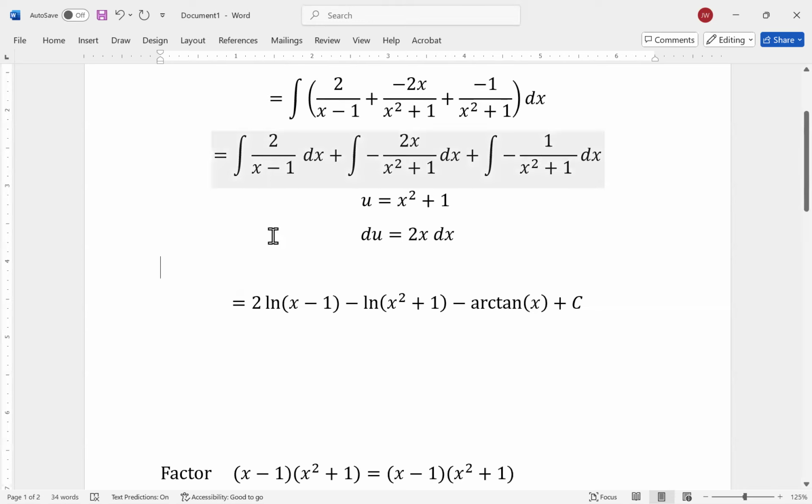So the first one is just a standard natural log integration. The second one is a u substitution integration. The third one is a trig substitution, and you get arctangent, or the inverse tangent if you'd rather write it that way.